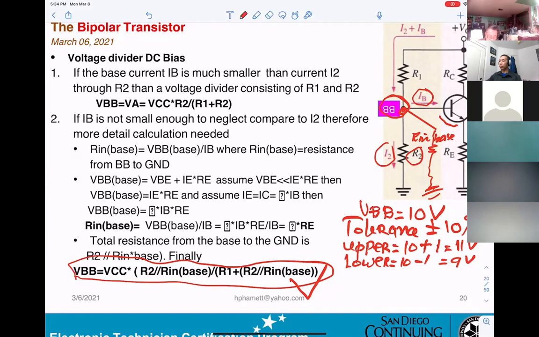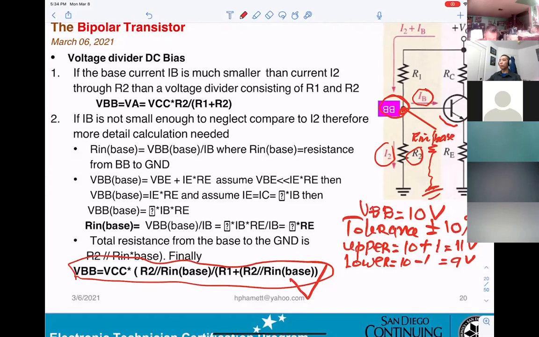Mr. Fan, before you go to the next slide, can you clarify what those question marks are for each one of those formulas? Okay. Please. Yeah. IB. Okay, let's see.